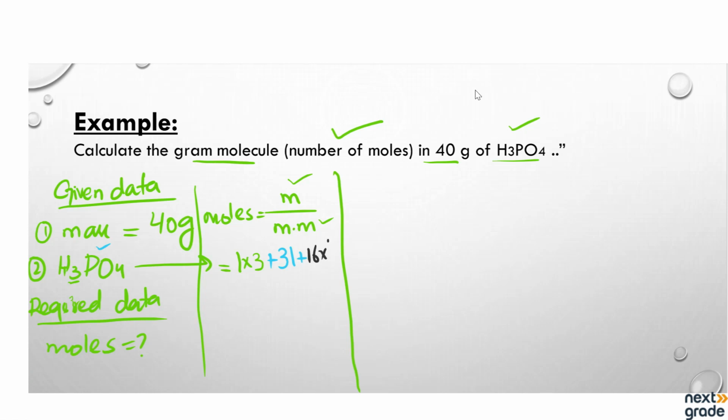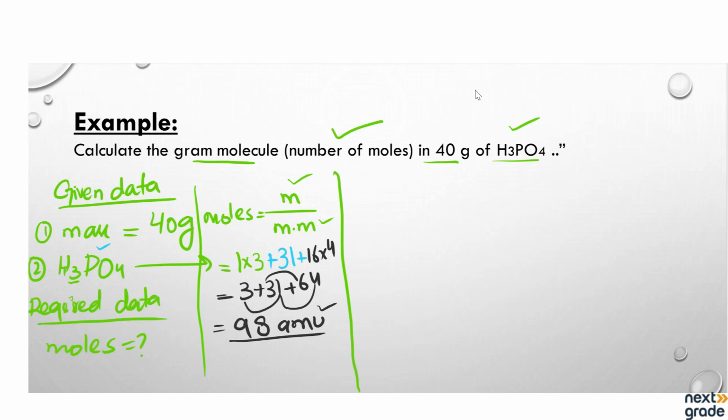Multiply it with 4. We will get their sum: 3 plus 31 plus 16 multiplied by 4, we will get 64. So the sum will be equal to 98. 98 atomic mass units is the molar mass of H3PO4.